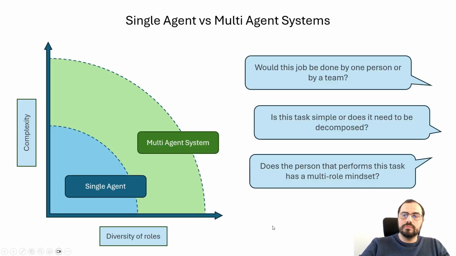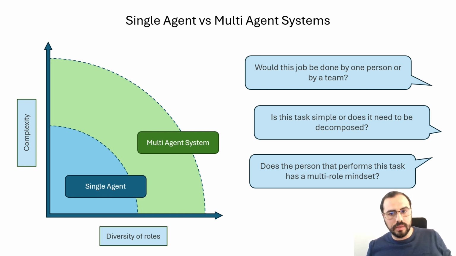When we are checking a task, a different requirement, so when we want AI to solve a problem, we can ask some questions to help us determine if it is a single agent or a multi-agent system. You can ask something like, would this job that I want AI to perform be done only by one person or by a team?